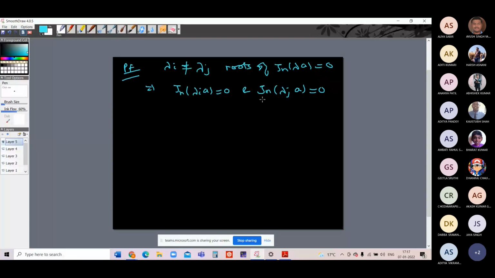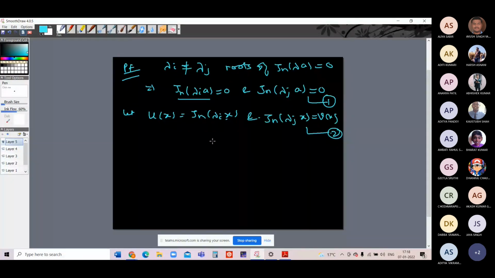Say that it is equation number 1. Again, here we are denoting this Jn lambda i x by u of x, and Jn lambda j x by v of x. Say that it is 2.